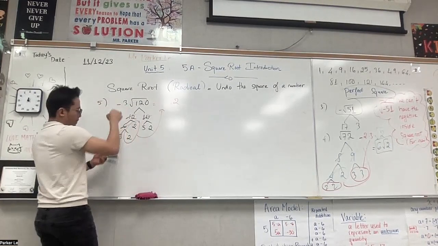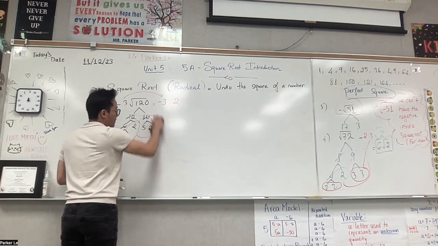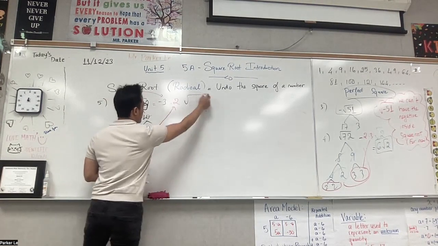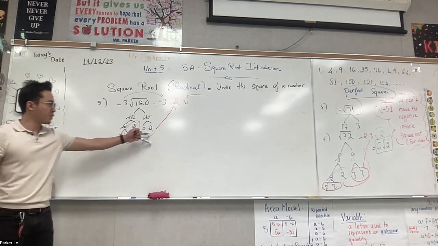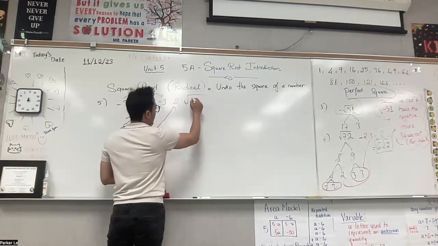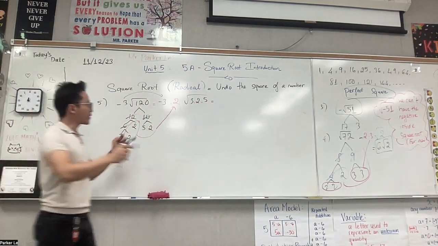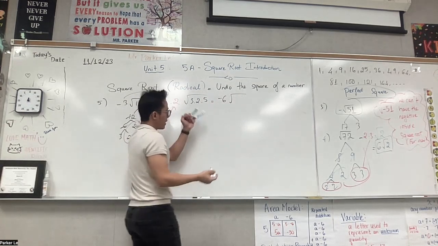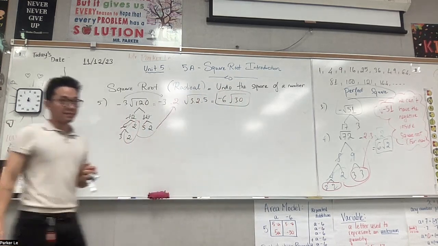And then I also have the negative 3 on the front. Copy it. And then what stays inside? 2, 5, and 3. So you multiply them together. Okay. One more quiz. So negative 6 square root of 3 times 5, or 3 times 2 is 6, 6 times 5 is 30. So this is the answer. Easy? Easy.